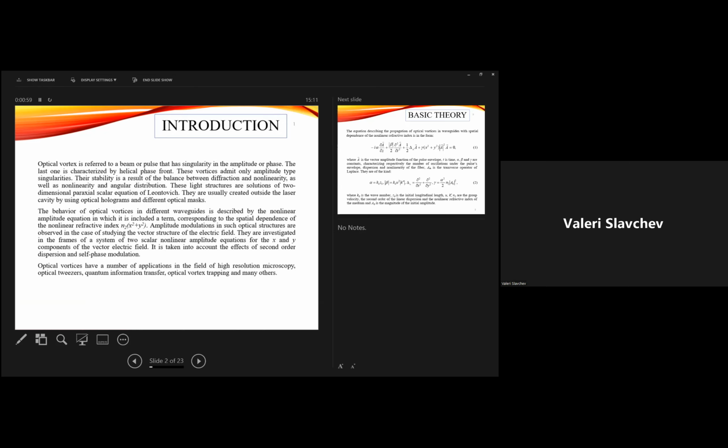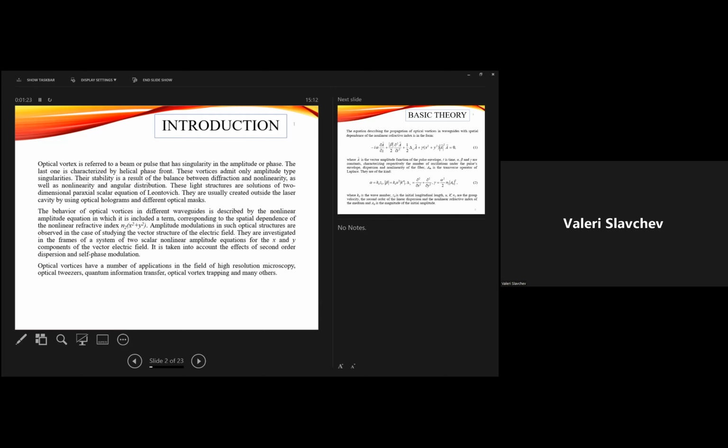They are usually created outside the laser cavity by using optical holograms or different optical masks. The behavior of this type of vortices in different waveguides is described by a nonlinear amplitude equation, in which a term is included which corresponds to a spatial dependence of the nonlinear refractive index.